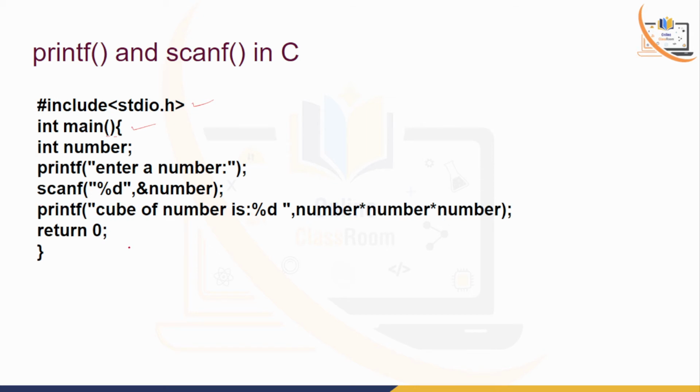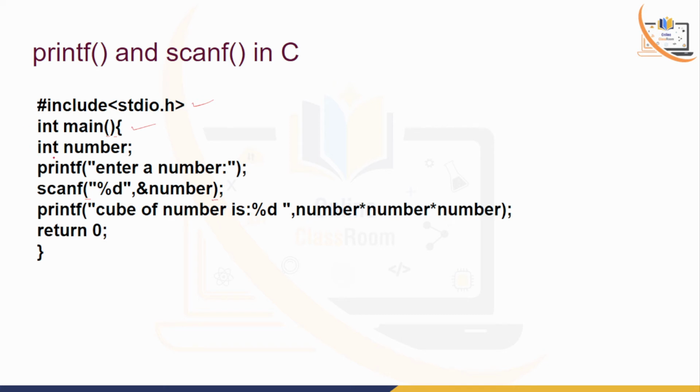Like scanf, there is also an opening bracket and a closing bracket, so we can say scanf is a function, right? Wherever there is an opening bracket and a closing bracket like this, we can say it is a function. So main is a function, and the program always starts executing from the main function, right?